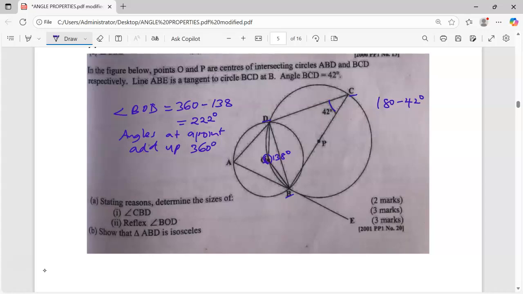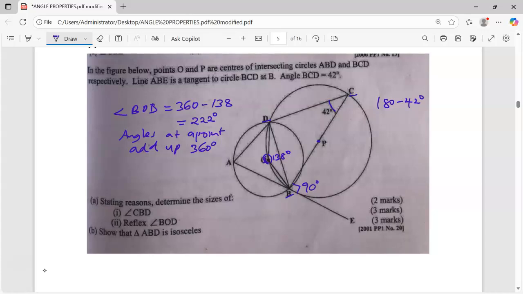To get CBD, we are going first to take OB as the diameter of the bigger circle. Then from point P to B, we are going to have 90 degrees at this point.